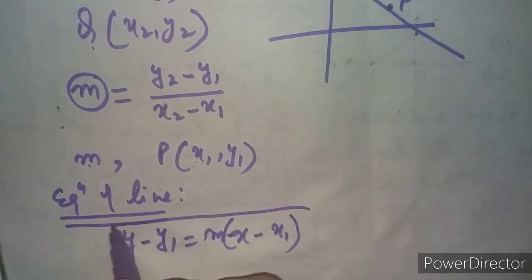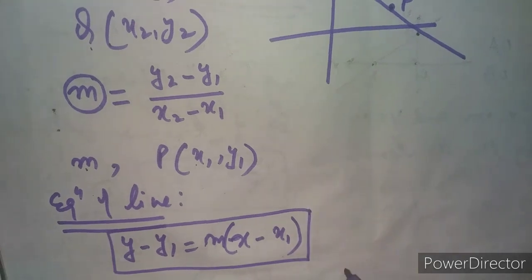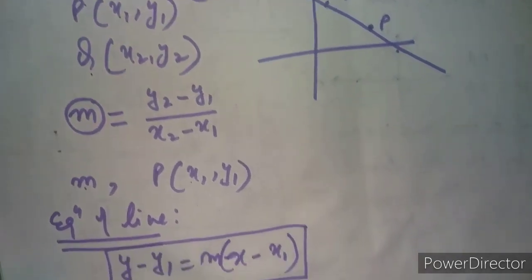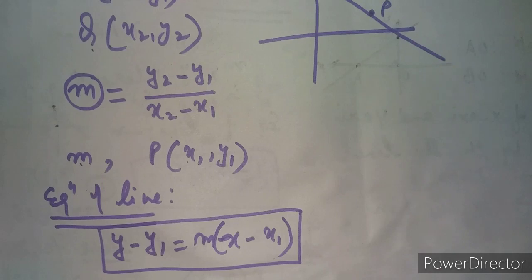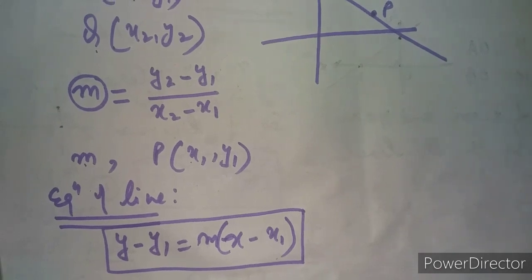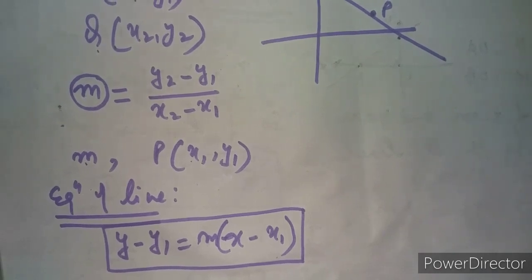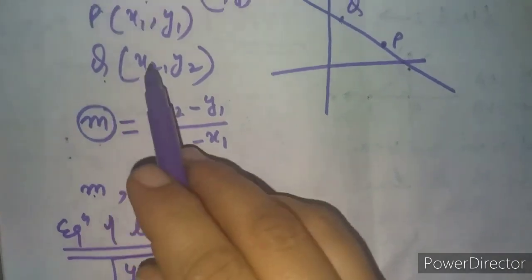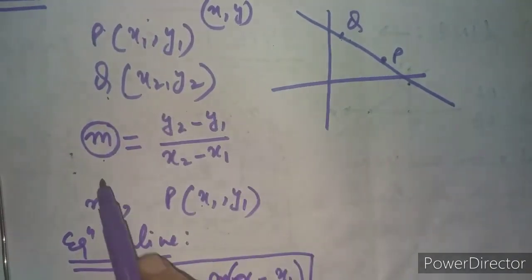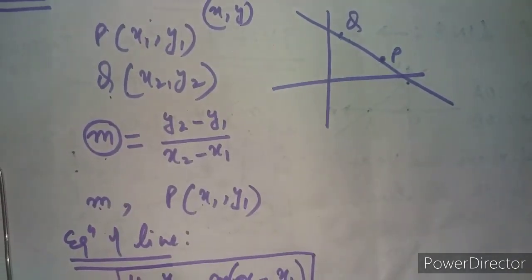So actually type number 3 and type number 2 are convertible. Type 3 can be used as type number 2 once we have converted x1, y1 and x2, y2 into the form of m.